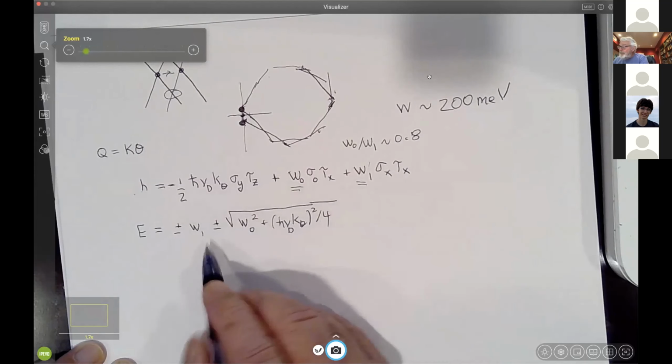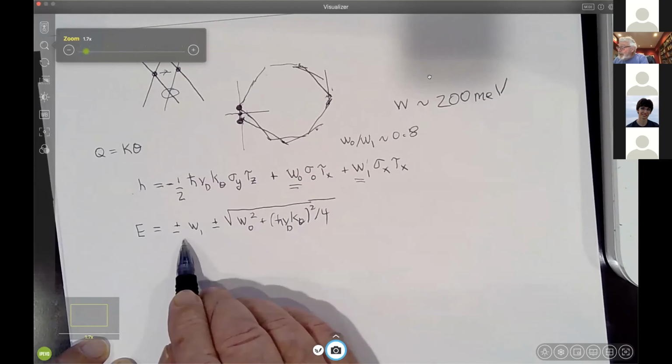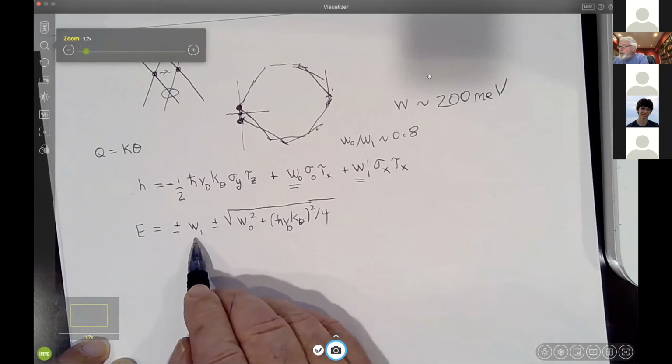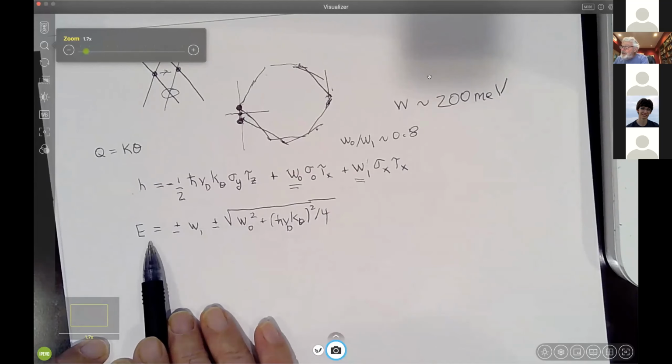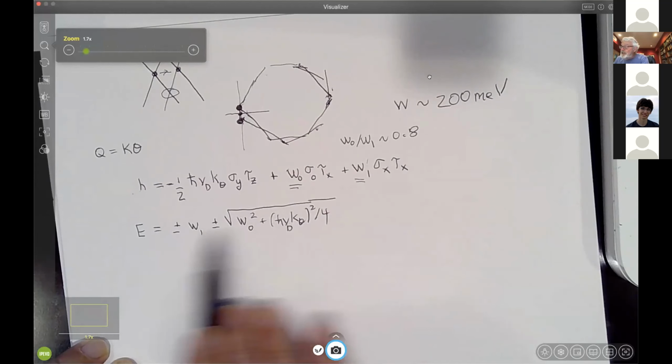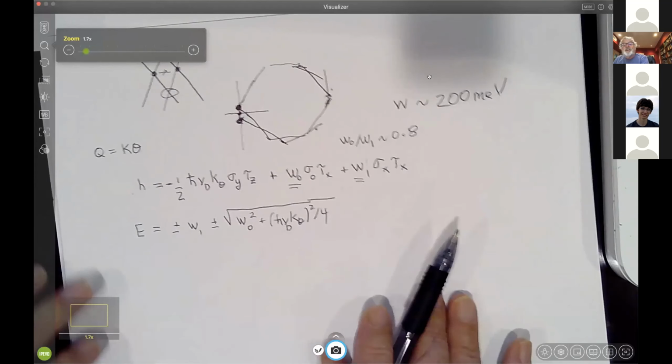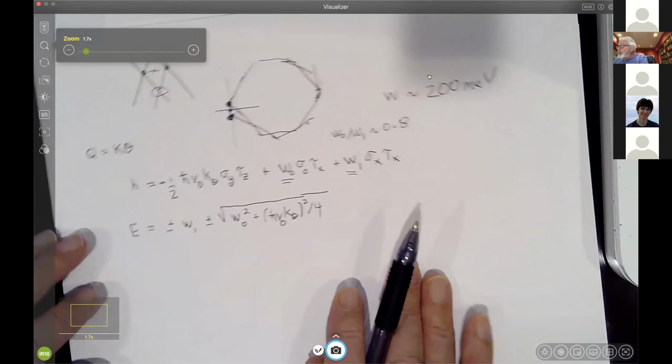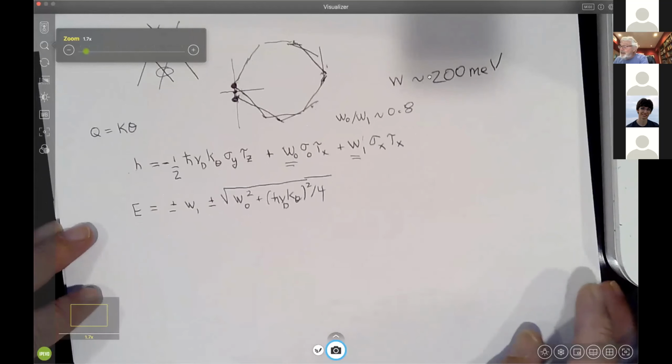But for W0 less than W1, they can actually cross. But you can see here the flat band condition anyway is when these 2 terms are the same. And this occurs at nearly the same point that the velocity goes to 0.